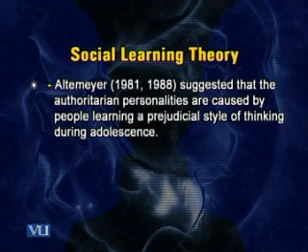He suggested that authoritarian personalities are caused by people learning a prejudicial style of thinking during adolescence. So he concluded that it is not essential that authoritarian personality emerges from childhood experiences and harsh child rearing practices, but it could emerge during adolescence. And how could it emerge during adolescence?